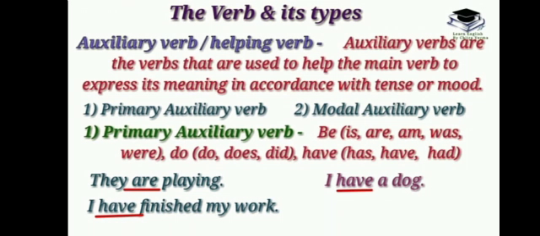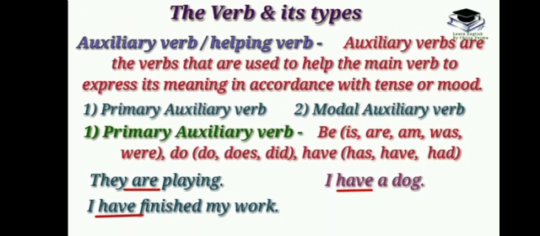But students, what about this sentence: I have a dog? Over here you can see that it is not an action verb, and this particular have is not performing the function of a helping verb. Rather, it is being used as the main verb itself.